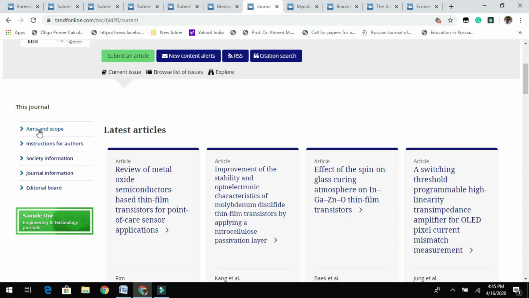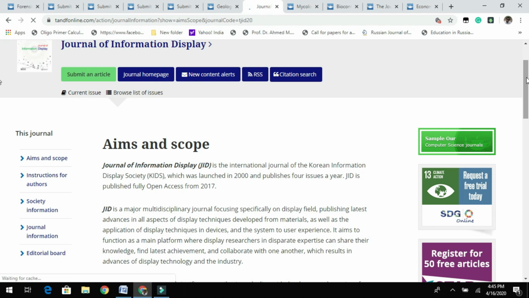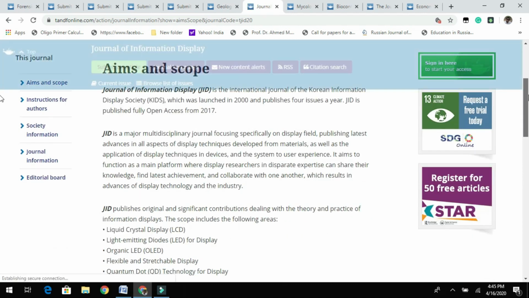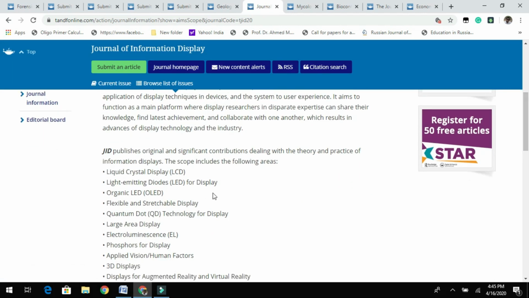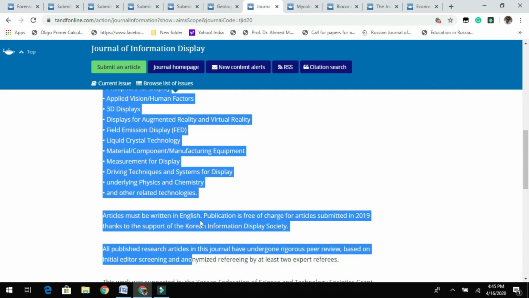So let us see the aims and scope of this journal, which might be related to information science. If you see the aims and scope, they are accepting research related to these themes.